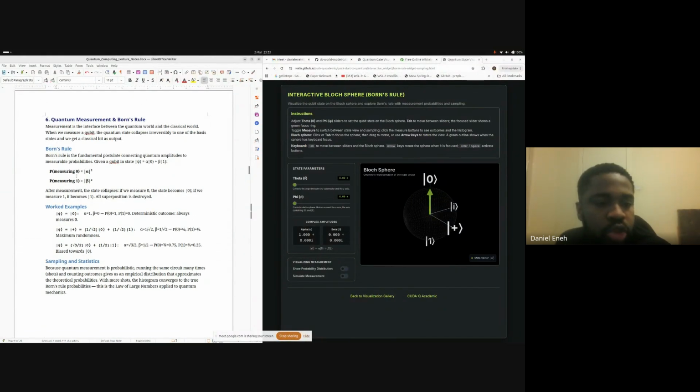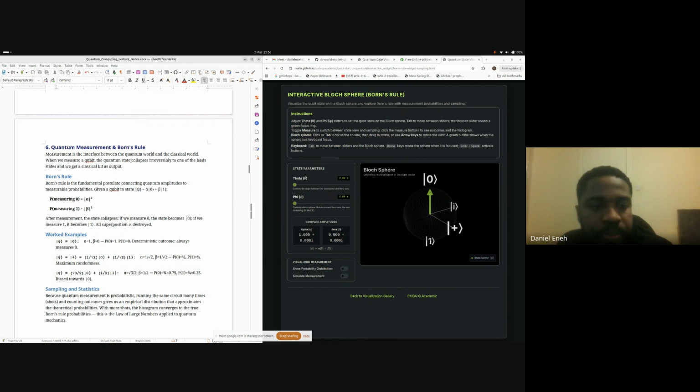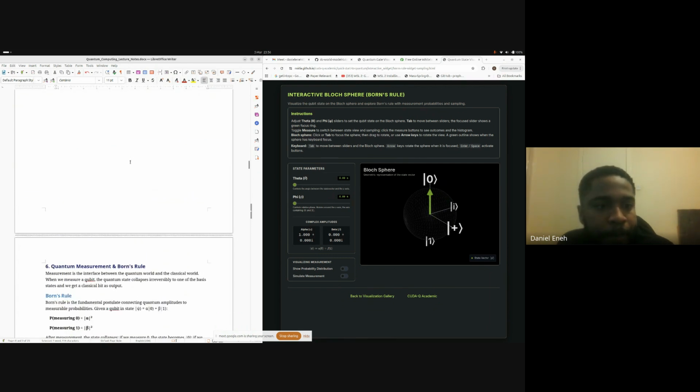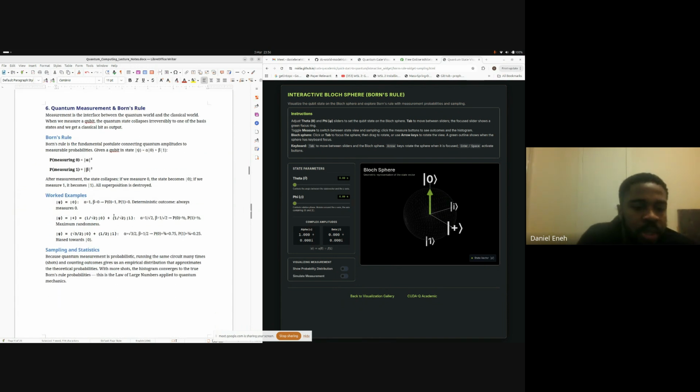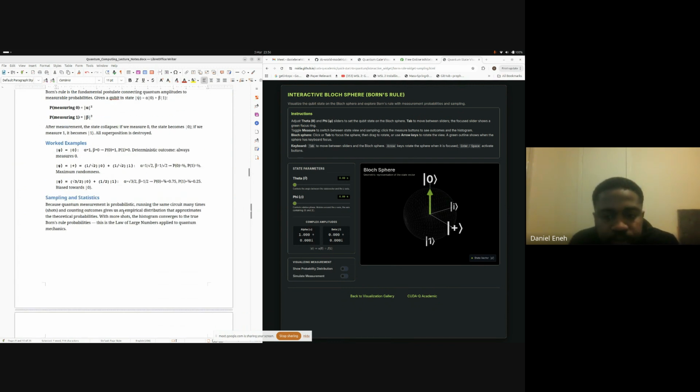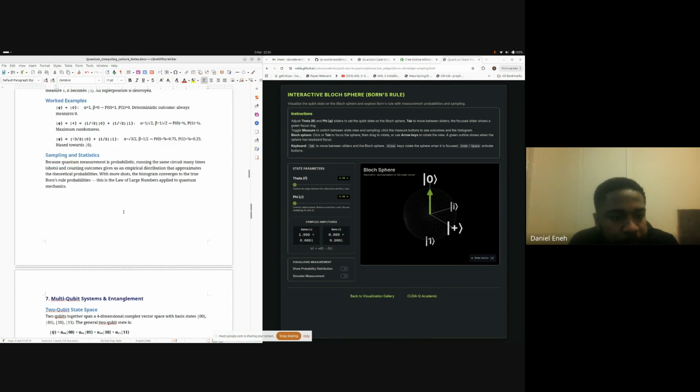So Bond's rule is the probability of getting a 0 or a 1, denoted by P. Probability of measuring 0 is alpha squared. Probability of measuring 1 is beta squared. So let's understand what is happening.